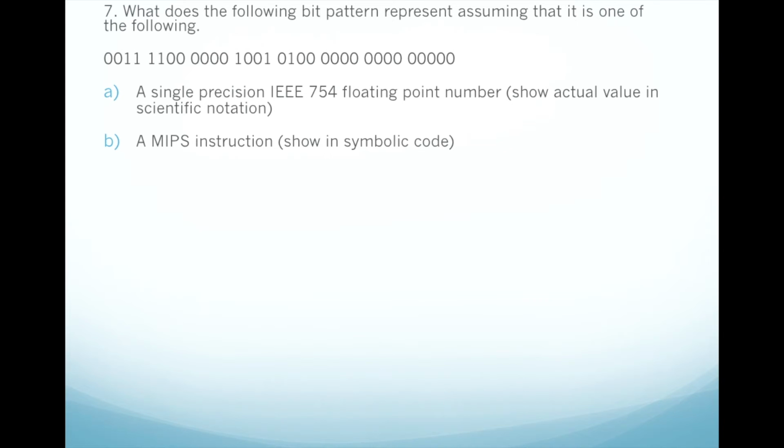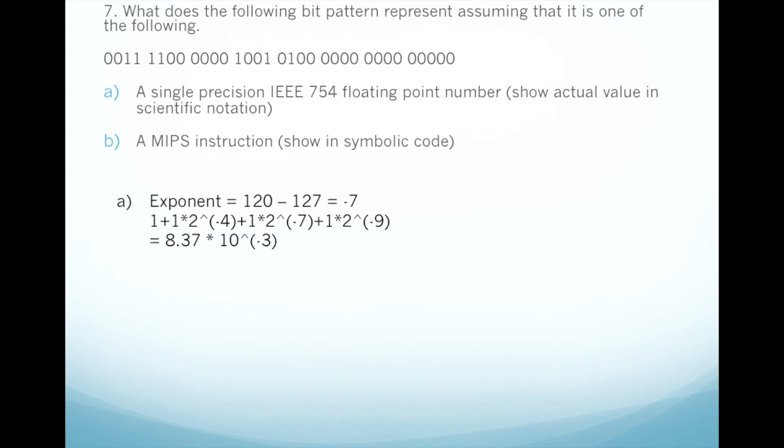And lastly, number 7. What does the following bit pattern represent, assuming that it is one of the following? A single precision IEEE 754 floating point number, and a MIPS instruction. So just like how we've been doing for IEEE 754 format, you look at the exponent.